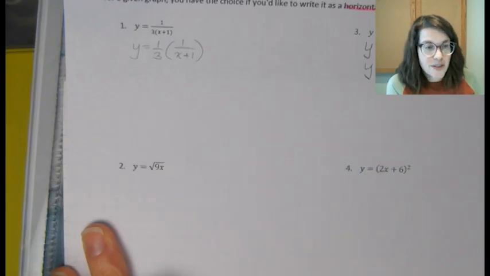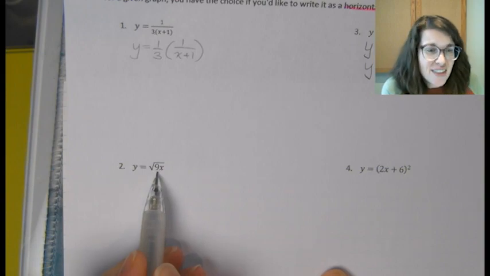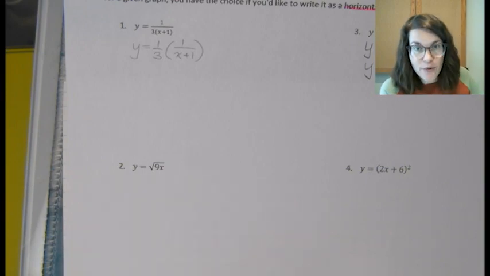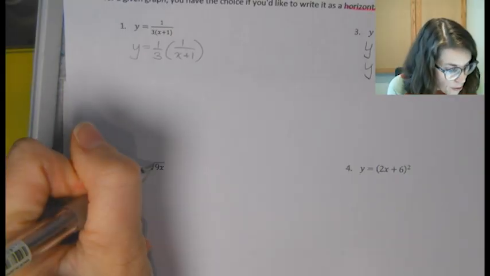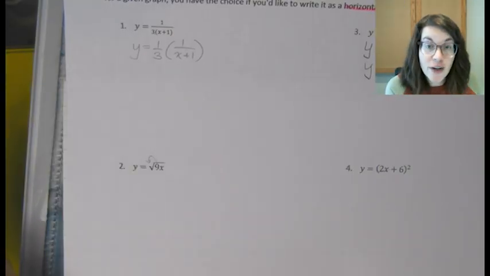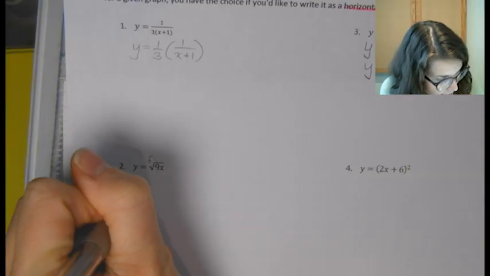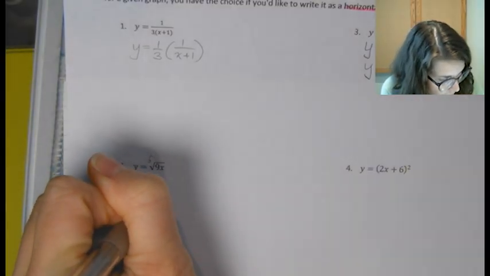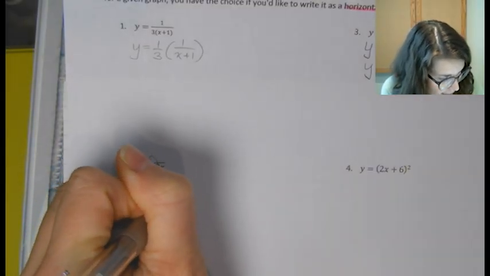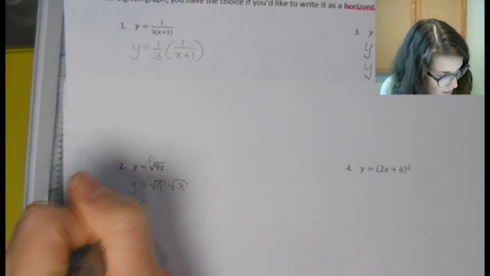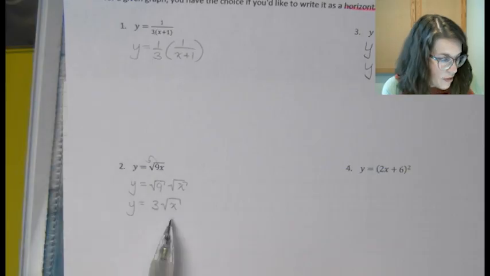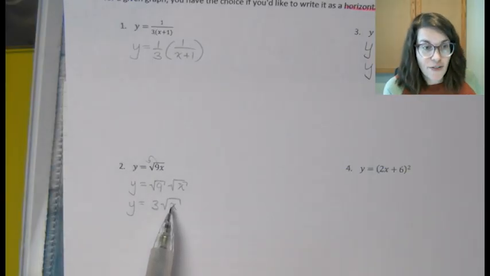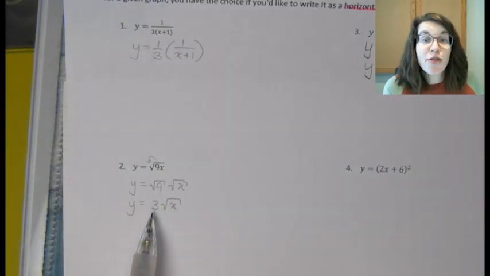Let's look at how to do this with a square root function. Basically, this 9 is underneath the square root. It's a horizontal transformation. Let's make it vertical by pulling it out in front of the function. So y equals the root of 9 times the root of x. The root of 9 is 3. And now the root of x is inside the function. The 3 is in the front.